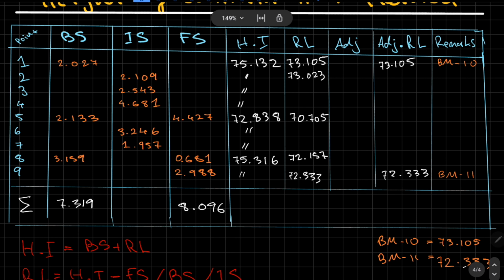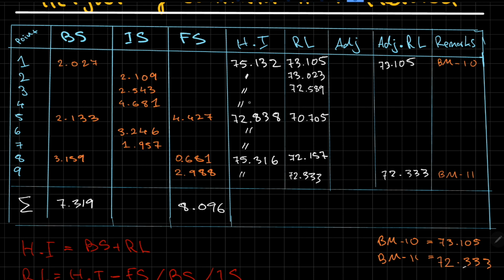Okay, next one, we are going to go ahead and minus height of instrument from the next intermediate side. We get 72.589.